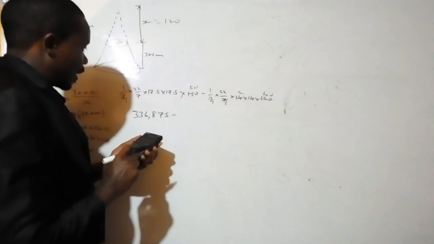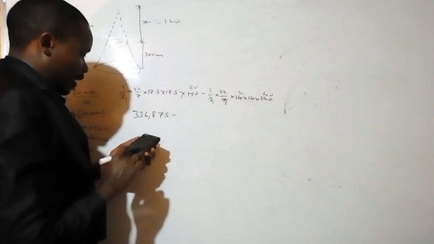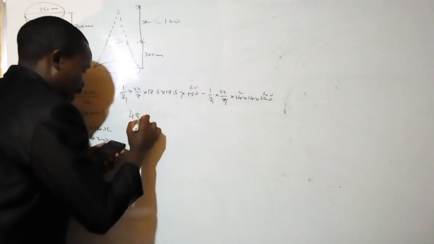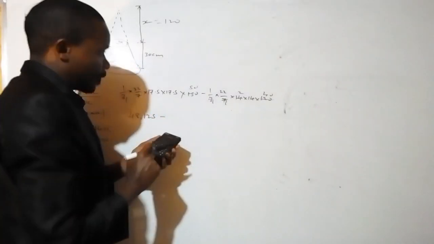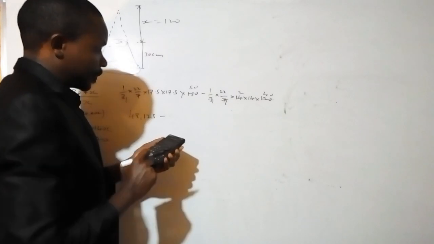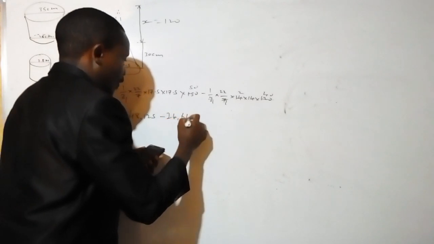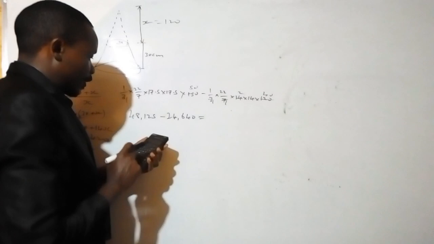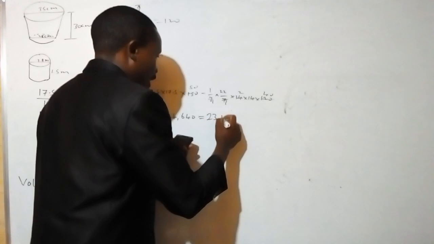We divide by 7, sorry. After dividing by 7, you get 48,125 minus 44 times 14 times 40. We subtract 48,125 minus the answer, and we get 23,485 centimeters cubed.